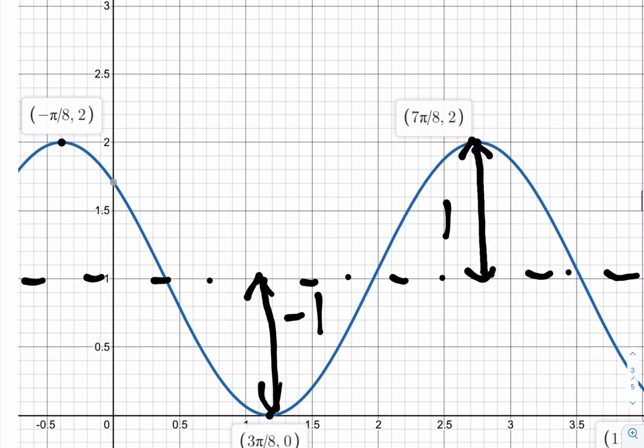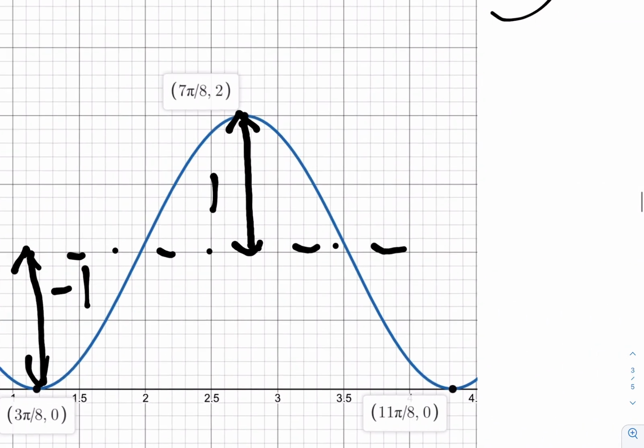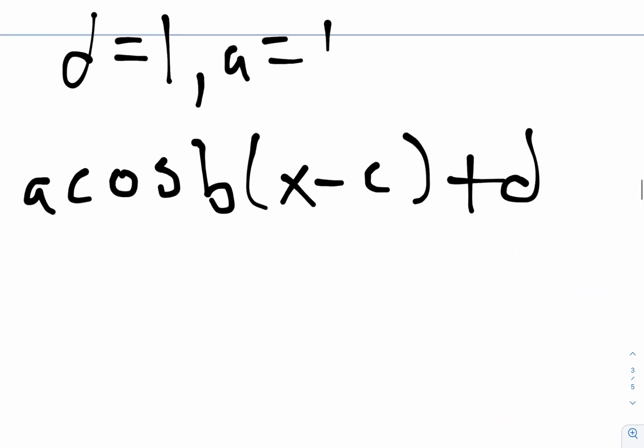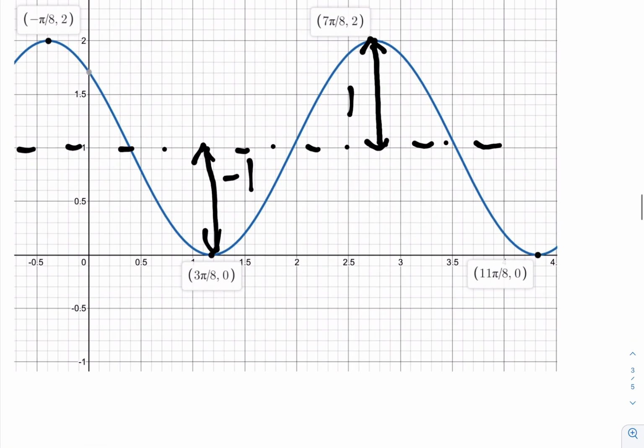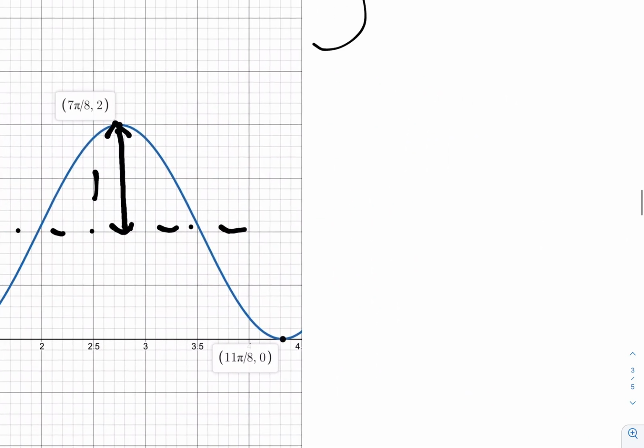Well, cosine typically starts at its maximum and then goes down like this. So see how this is shifted a little to the left here. So I'm going to call it a positive 1, because negative cosine would mean that it would have to start at its minimum and go up, and that doesn't really look like our graph here.